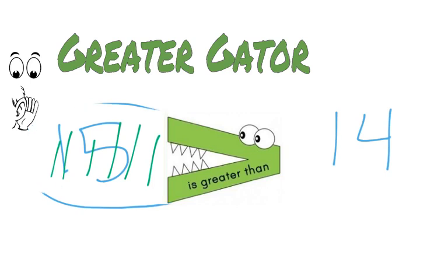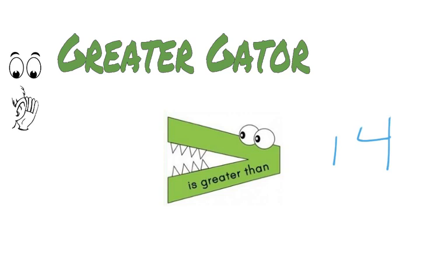Good. So one thing to remember that will help us when we're doing the symbols. When we draw it, it'll look like this. You don't have to draw the whole alligator. This is how we do it in math. We draw our lines. It's almost like a V, but it's on its side. The side that is open needs to go to the bigger number, the greater number.